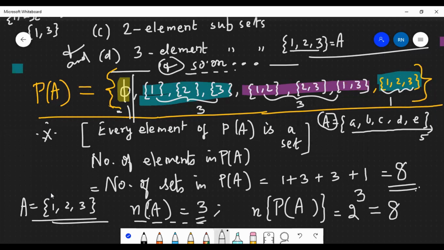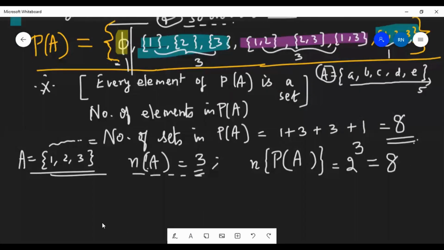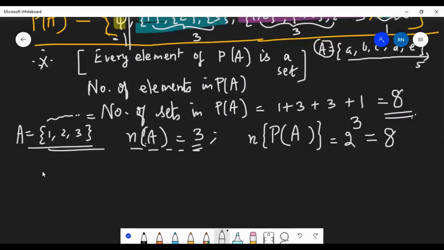Because you had 3 elements here, the result was 8. So can we guess what will happen if there are 4 elements? Let us not even say set A; let me call it set B, containing A, B, C and D. It will go by the same formula.